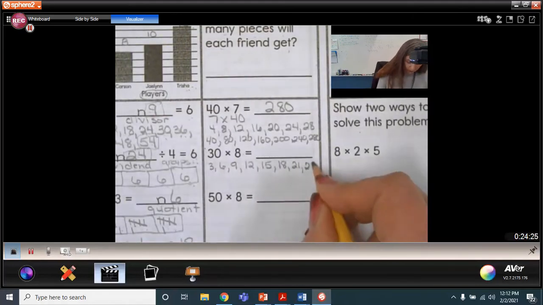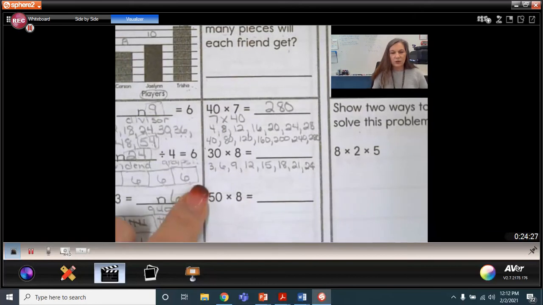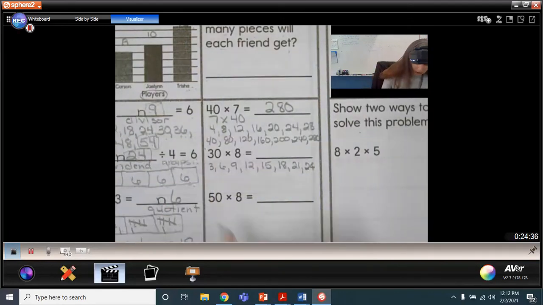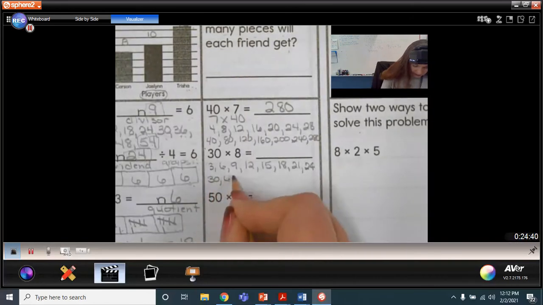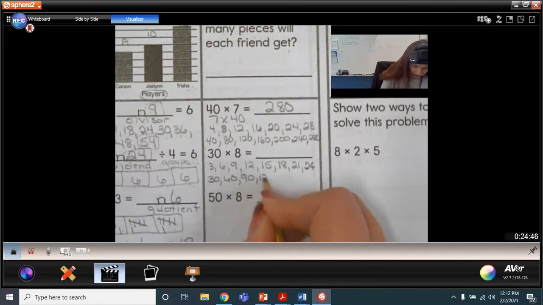Now, if I take what I understand about my multiples of 3, instead of doing multiples of 3, I can do multiples of 30. So 30 and 30 make 60. Add another group of 30, that would be 90. 120.